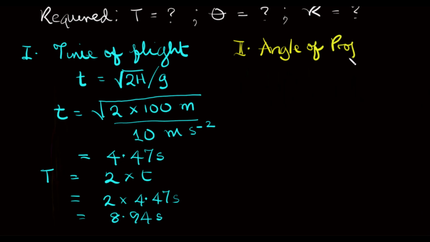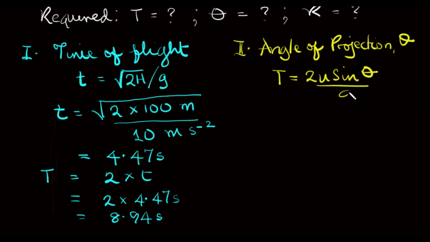Now that we know the time of flight, we can easily calculate our angle of projection, theta, using the formula time of flight equals 2u sine theta over g. So we'll make sine theta the subject of the formula, and that will be gt over 2u.